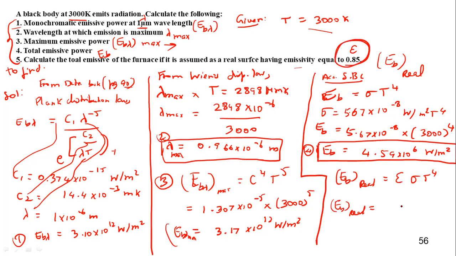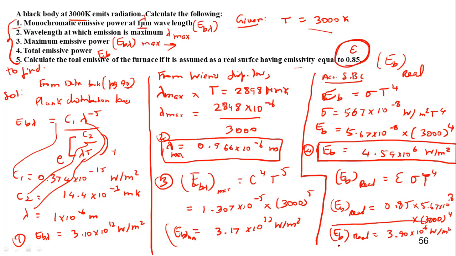So 0.85 into sigma, the Stefan Boltzmann constant, 5.67 into 10 power minus 8, and the temperature 3000 to the power 4. Okay. So that is the total emissive power of the real surface. Solving, we get 3.90 into 10 power 6 watt per meter square. Okay. So finally, we found the fifth value also.